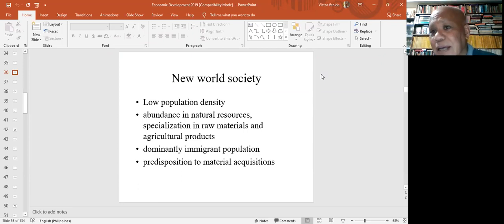So Canada and the United States of America were major exporters of cotton, wheat, barley, other grains, tobacco, iron ore, coal, wool, cotton, and the like. They became major exporters of these. Now, the New World societies were also dominantly immigrant.